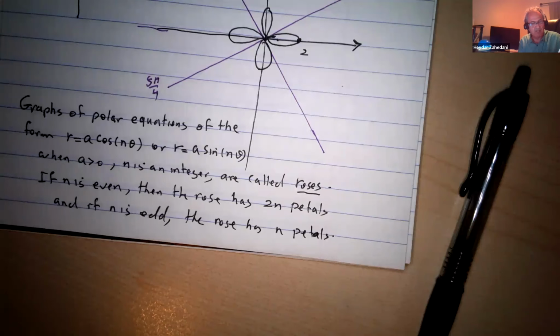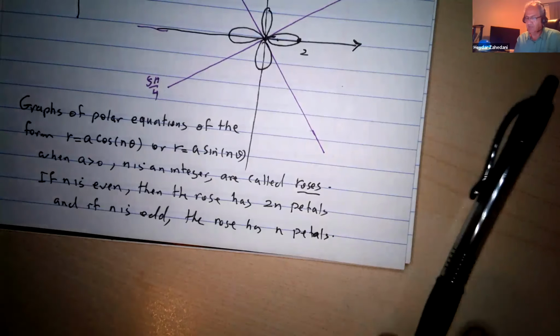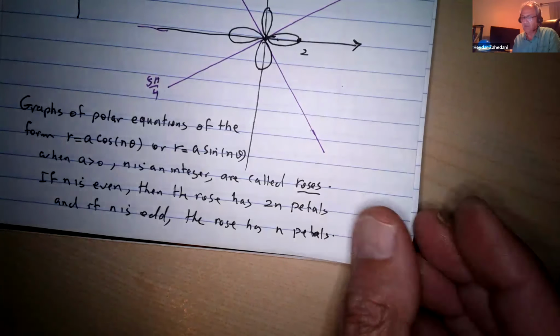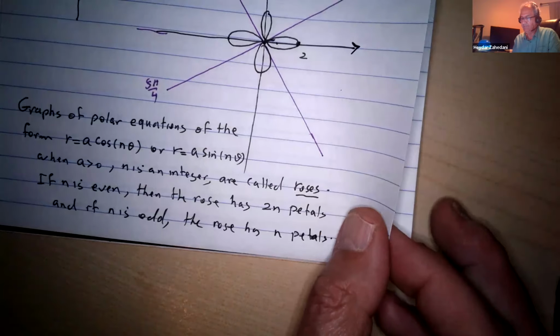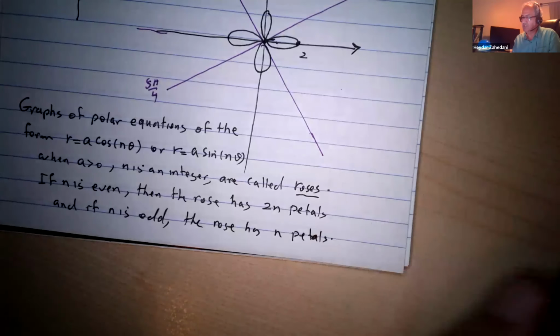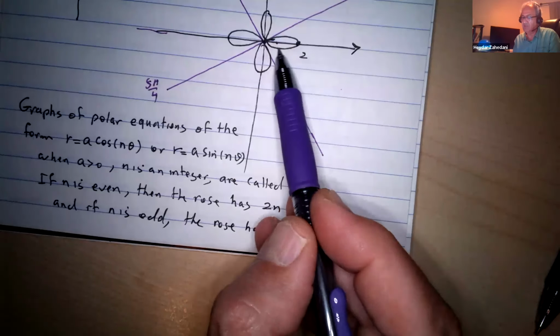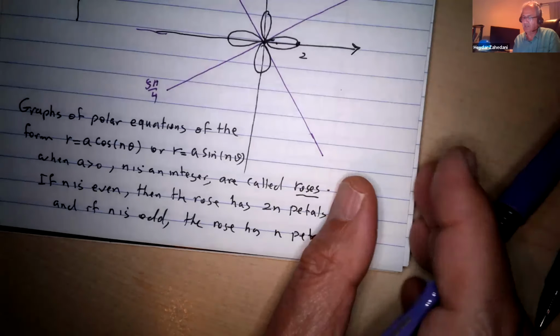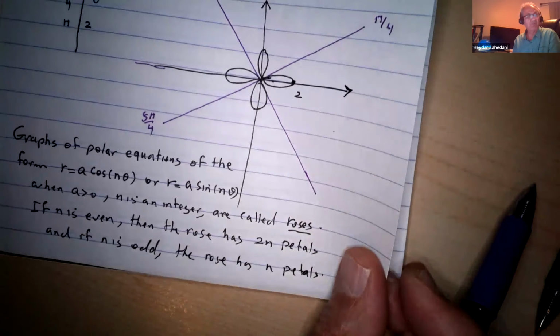If it's an odd number, then you have the same number of petals. They are going to be important for integrations, and we need to know what the boundary is, so we get back to it. So let's give you one with the odd so that we can see it.